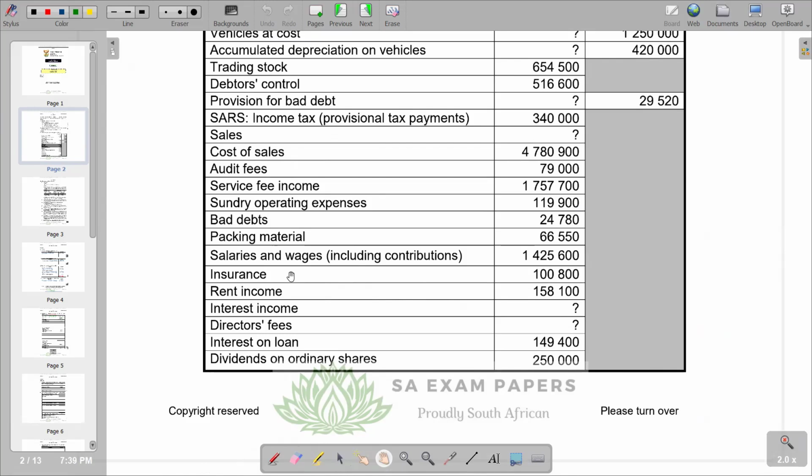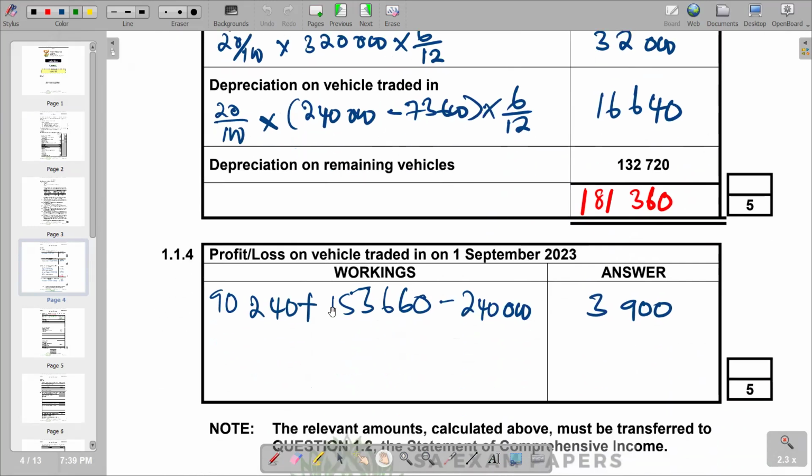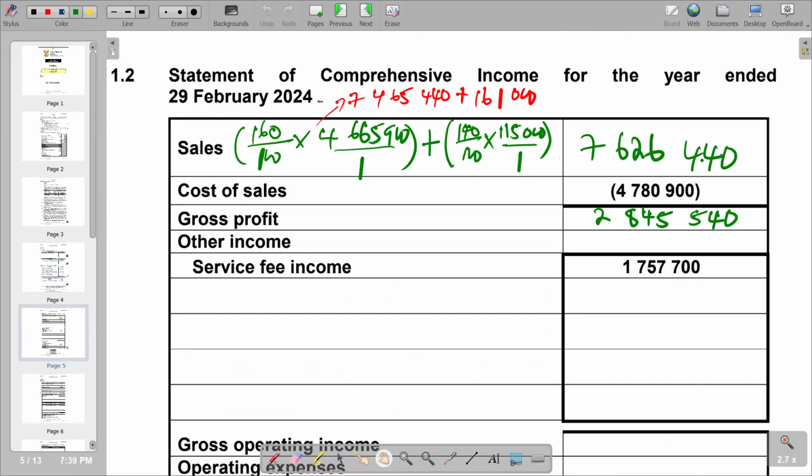So remember, we also calculated the profit on disposal of vehicles, which is 3,900. It's also under that section. So we have the profit income, that is the profit on sale of assets.